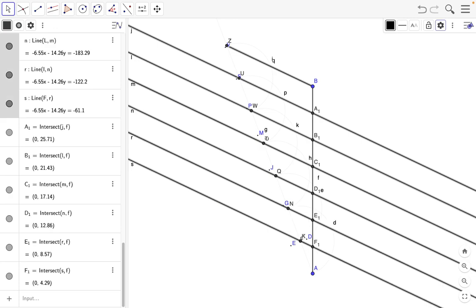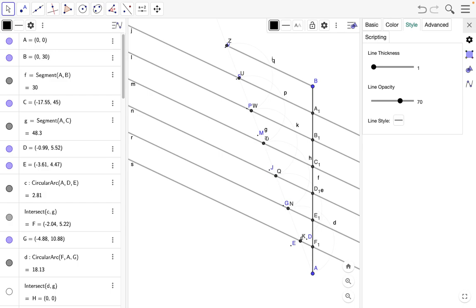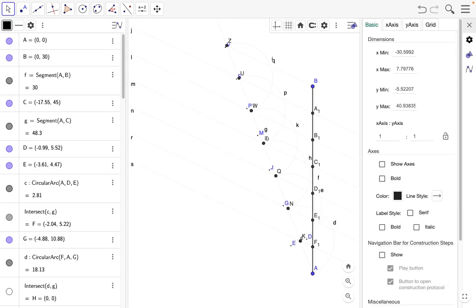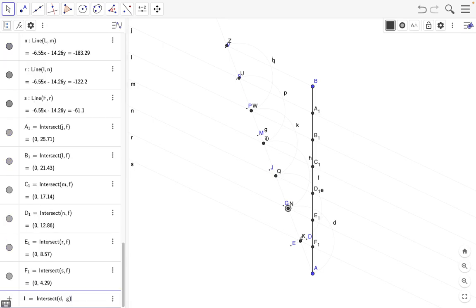So you see the settings here, style, I will make the line thickness the minimum, opacity just having some minimum value 10 so that we can just see it, you see. So here you see that you can make these points also very faint so that you can only see that final line AB.